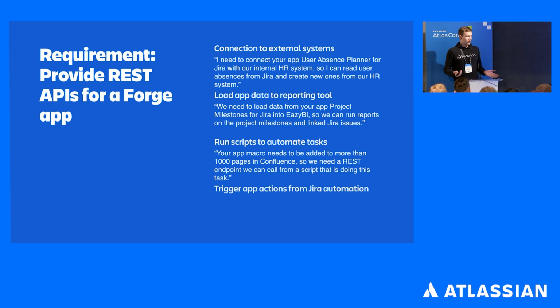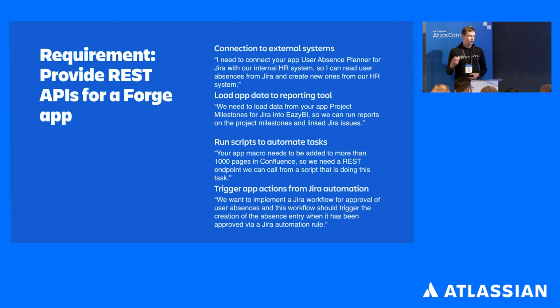And finally, using Jira automation to trigger endpoints. So you can call a webhook from an automation, and a use case would be that for the absence planner, again, if you have a workflow in Jira, where people can apply for an out-of-office time, then it could be approved via a workflow and then finally getting the absence created via the REST endpoint.